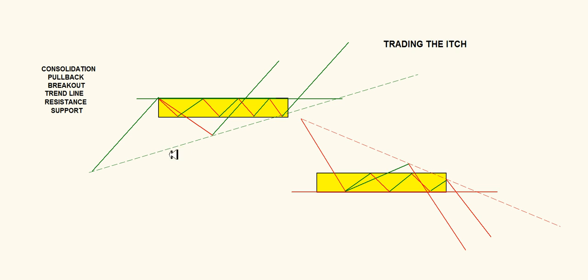You have the trend line, and this is the uptrend line, and then we have our downtrend line. So let's start with our bullish one first. We have our trend line, and then we either have one of two things that occur. We either have a pullback and a breakout, or we have a much longer volatile price action called a consolidation before the breakout.